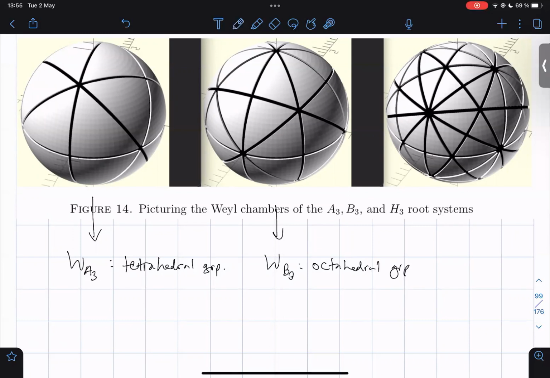These are all the symmetries of, the first one, a regular tetrahedron. The second one is the symmetries of a regular octahedron.